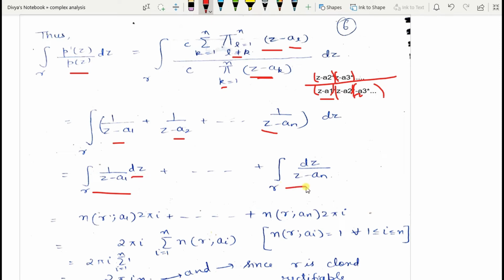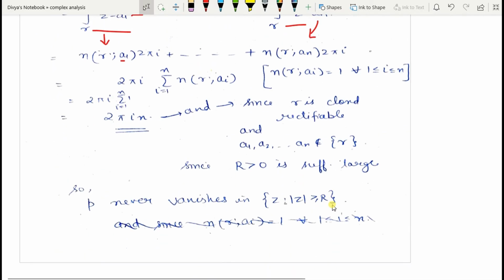This would be the integration over gamma of dz upon z minus a1, plus up to the integration over gamma of dz upon z minus an. This is the basic integral we are doing. So this is the index of gamma with respect to a1 into 2 pi i, plus and so on, the index of gamma with respect to an into 2 pi i. So this is 2 pi i into the summation of the indexes of gamma with respect to ai, where i is from 1 to n.